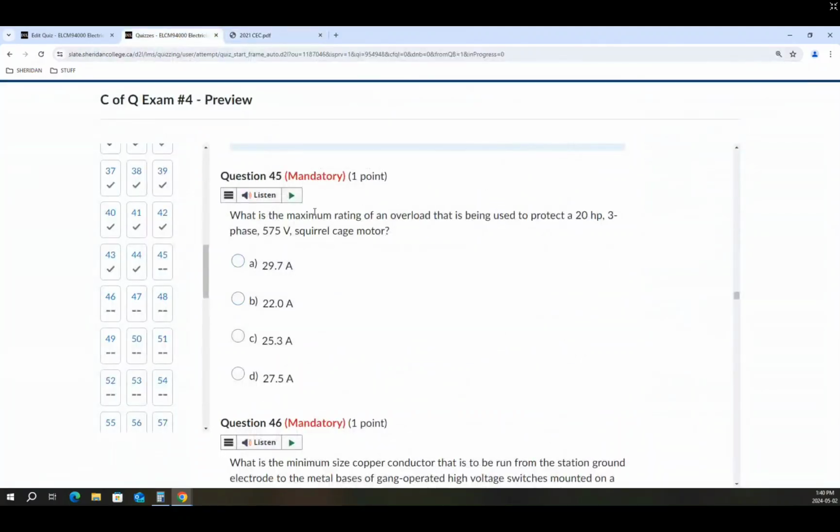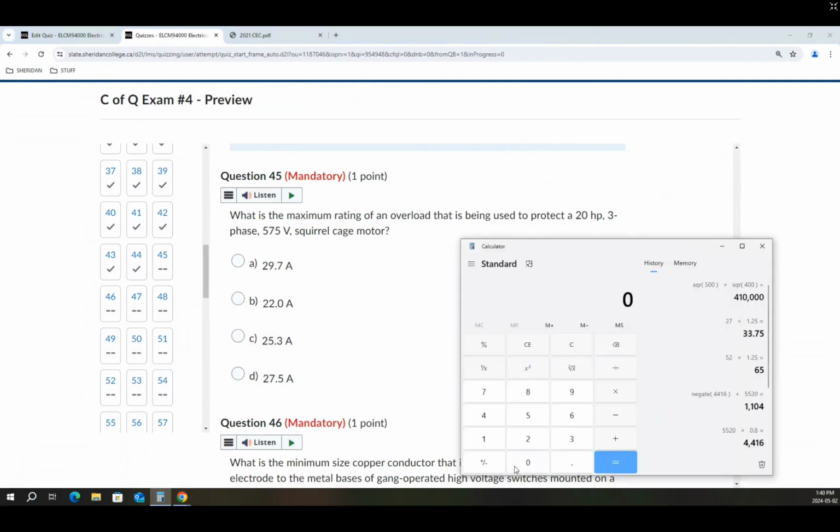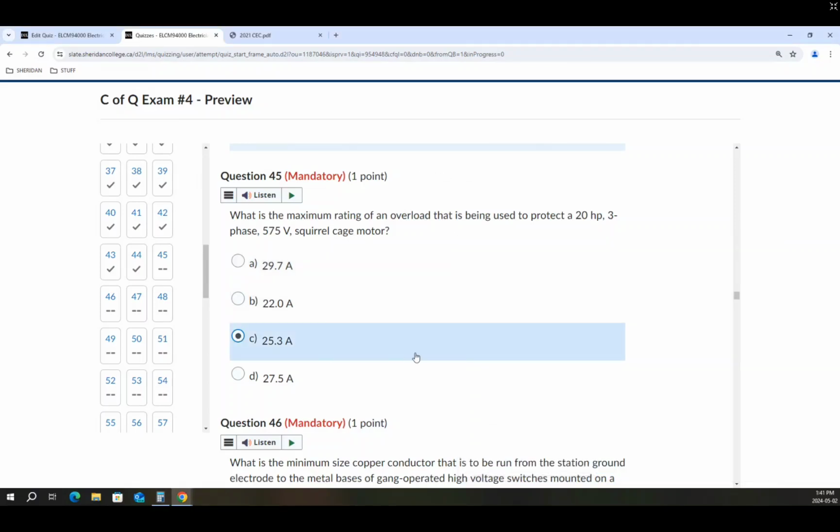We don't have a marked service factor, so we have to go 1.15, right? So I'm going to go my 22 amps, which was my FLA, and I'm going to multiply it by 1.15. That's 25.3. And so there's my answer.